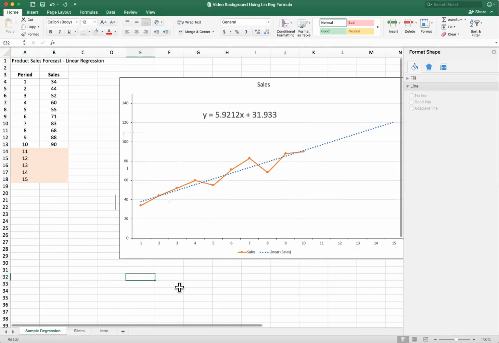In this case, y, which is the number of units, is equal to my slope, 5.9212, and then my x value in this case is period 11, because I want to know what, in period 11, this number is going to be. And then I'm going to add my y-intercept, 31.933.